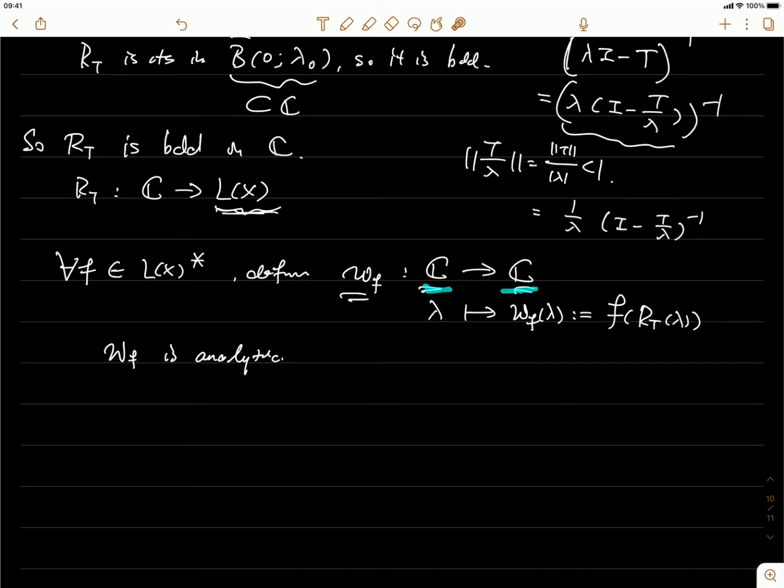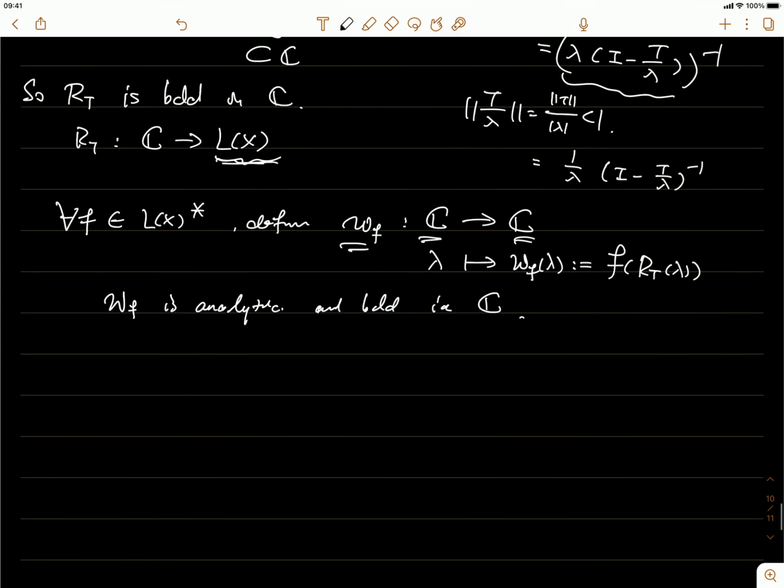It's just a regular complex valued function. On the other hand, the Wf is bounded because this is a bounded value, as we showed before. This is always bounded for all the lambda, and then f is applied to something bounded. f is linear, that's why this is also bounded. So it's analytic and bounded in C.